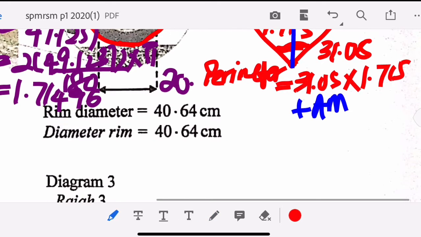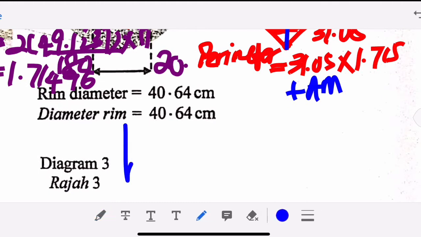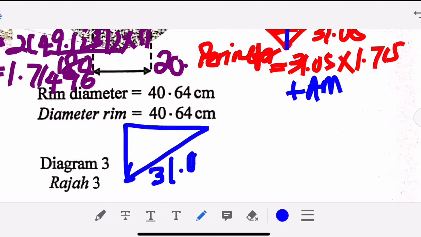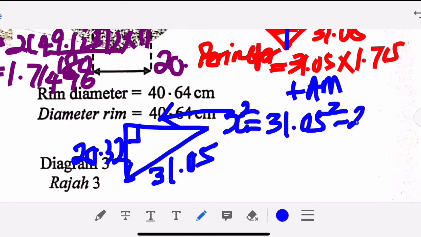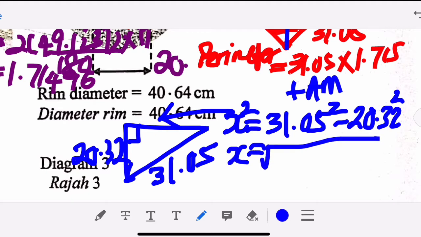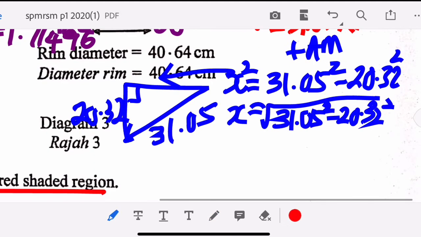I will use Pythagoras theorem. This is 31.05, and then I have the 20.32. This is a right angle. So for me to find this, I use x squared equals 31.05 squared minus 20.32 squared, and x is the square root of this answer. And then we just times 2.